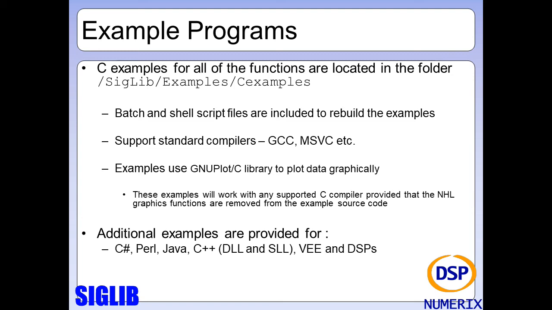Unfortunately, this means you won't have access to the graphs, but you will be able to recompile the code without the graphics functions on any target processor, even an embedded DSP or an embedded controller. As well as the C examples, we also have examples for C#, Perl, Java, C++, both static and dynamic link libraries, Agilent VEE, for DSPs, and for a range of other different targets. These examples are all included in the siglib/examples directory.